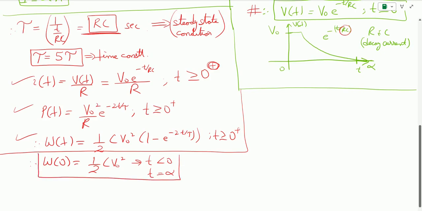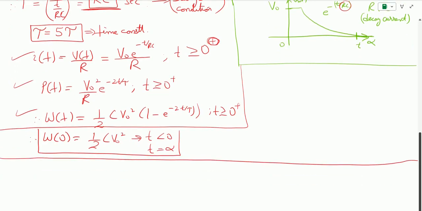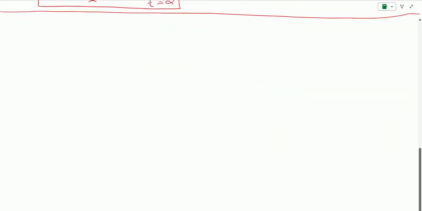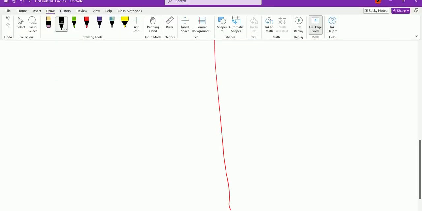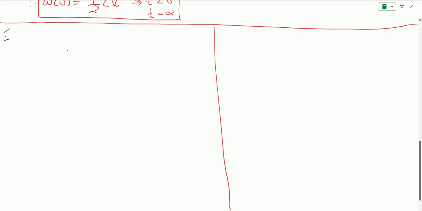This is when t is less than or equal to 0 and t equals infinity, as we saw with inductors. So now let us look at an example and see how we can analyze an RC circuit. Let us say we have this example question where we are given this circuit. We have an independent voltage source connected to a resistor, then we have our switch, then the capacitor connected.